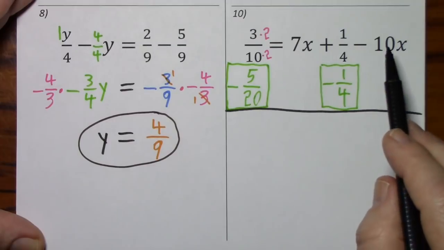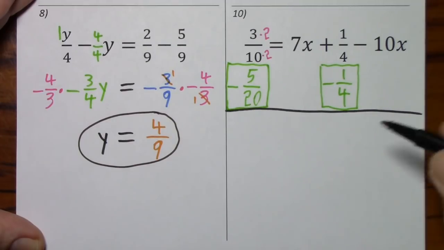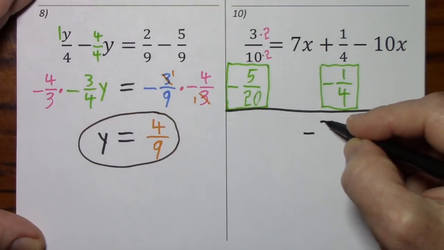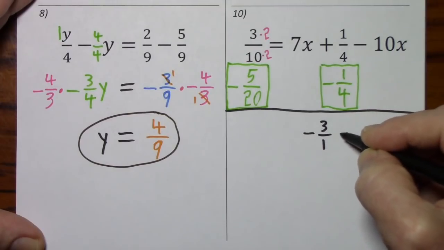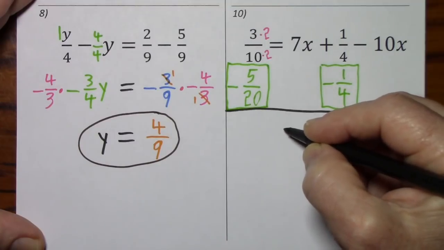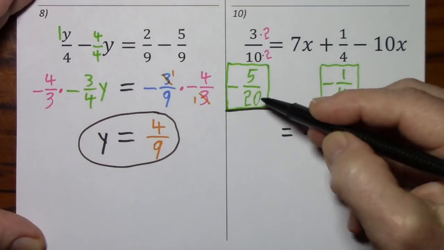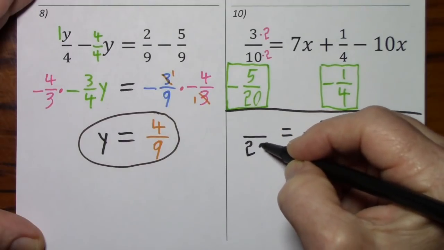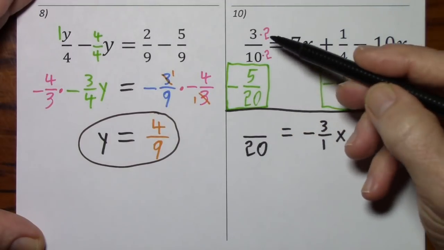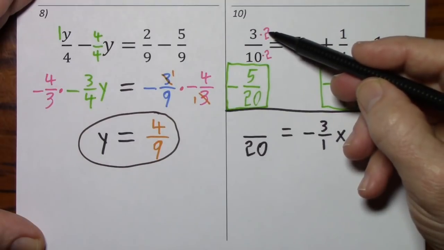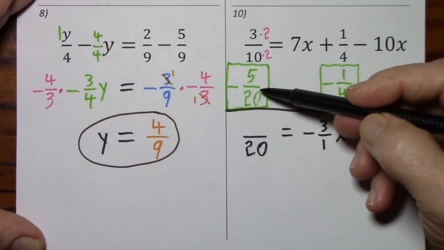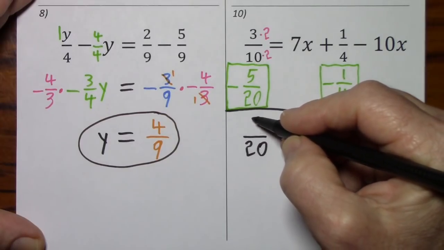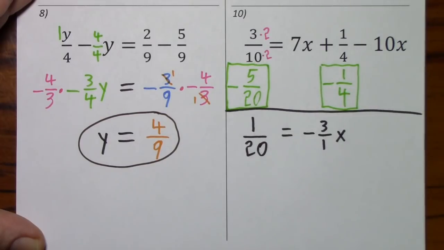So 7x minus 10x leaves us with negative 3x, but I'll write that as negative 3 over 1 x. Bring down the equal. Our common denominator is 20. Six twentieths is positive. 5/20 is negative. So we're left with a positive 1/20.